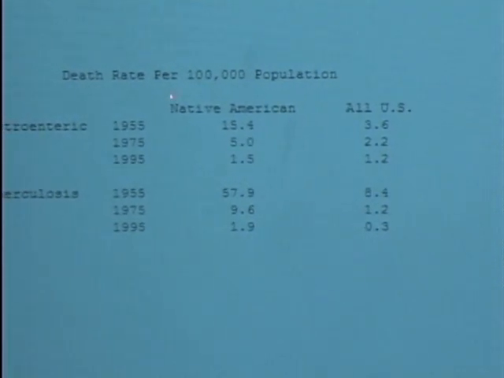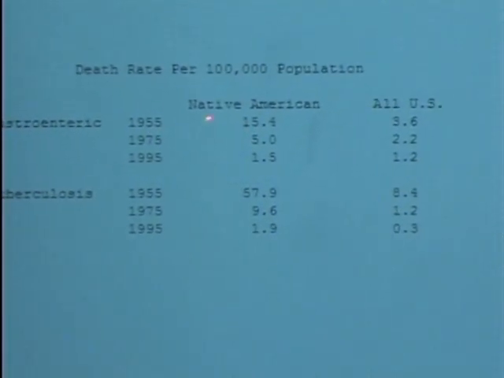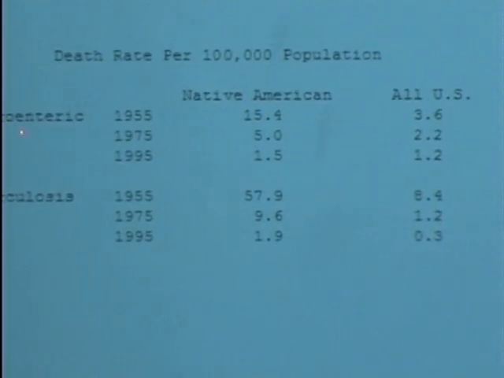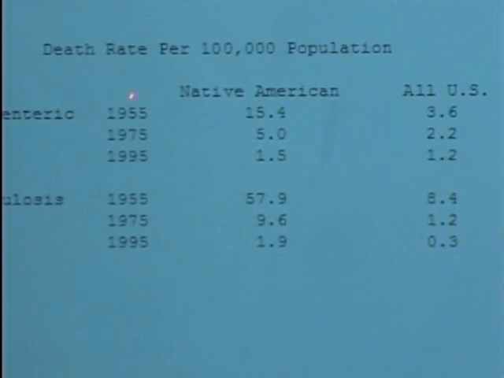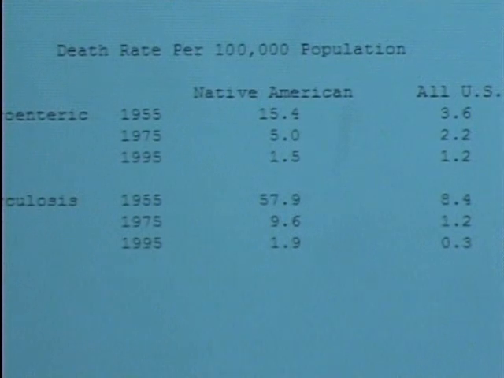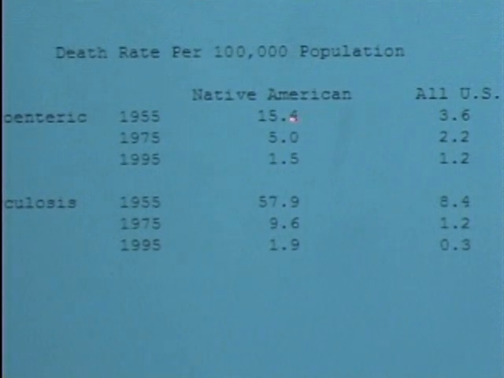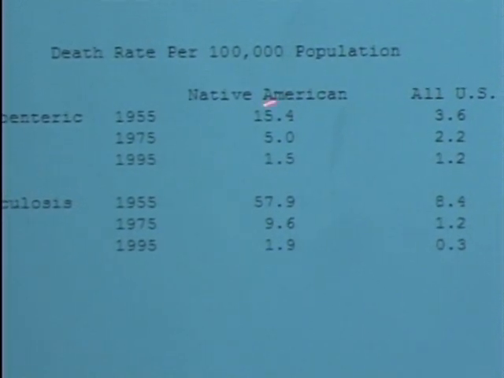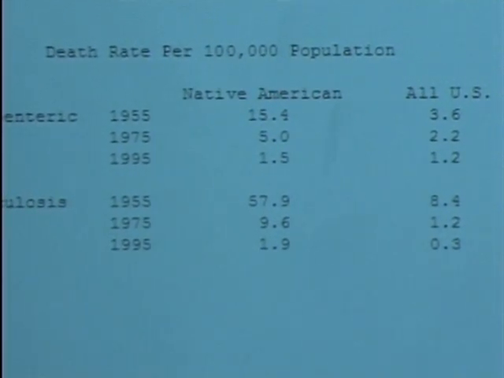And to give you an example of the differences, in 1955, when they took over the Indian Health Service, gastroenteric diseases, which are usually caused by bacteria in the intestines that result in diarrhea and dehydration and kill people, were about 4 to 5 times higher among Native Americans than the all U.S. population at that time.